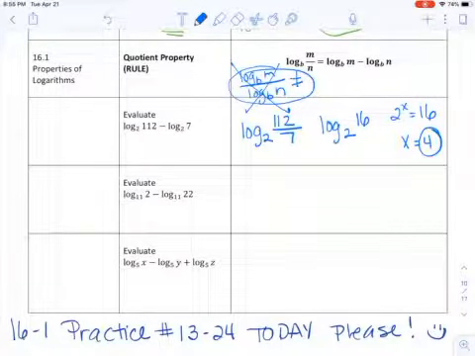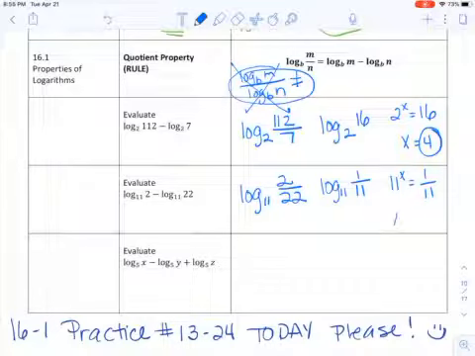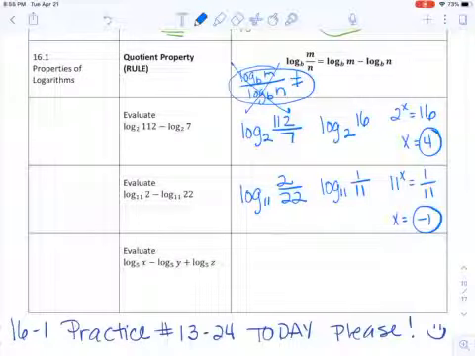Okay, on my second one, log base 11, again, I write that once, of 2 over 22 is the same as log base 11 of 1 over 11. So in other words, 11 to what power is 1 over 11, and x is going to be -1.